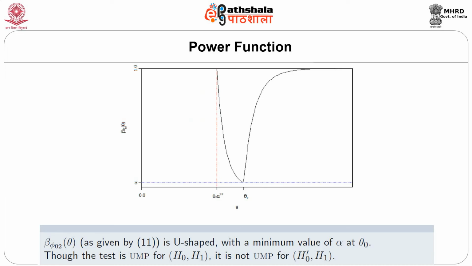So, in this module we have shown that the uniformly most powerful test for testing a composite null hypothesis like theta less than or equal to theta naught against theta greater than theta naught is not unique. So, we have considered two uniformly most powerful tests for testing this composite null against composite alternatives.